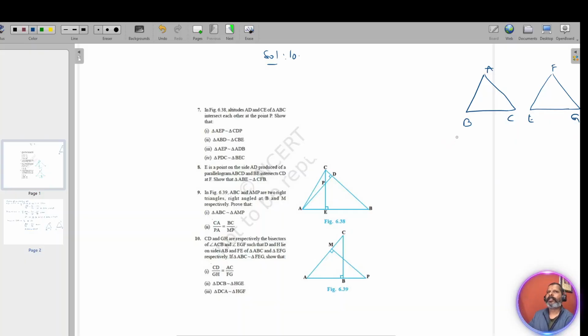CD, first read out for ABC. CD is the angle bisector of ACB, means D will come here. When angle bisector means the angles are equal, the main angle parts. Similarly, D lies on AB, H lies on EF, and GH is an angle bisector, H.